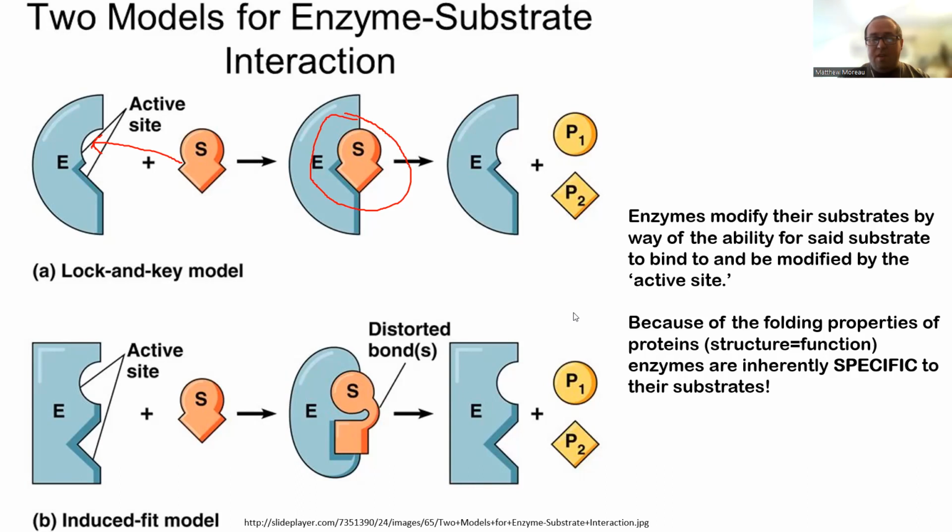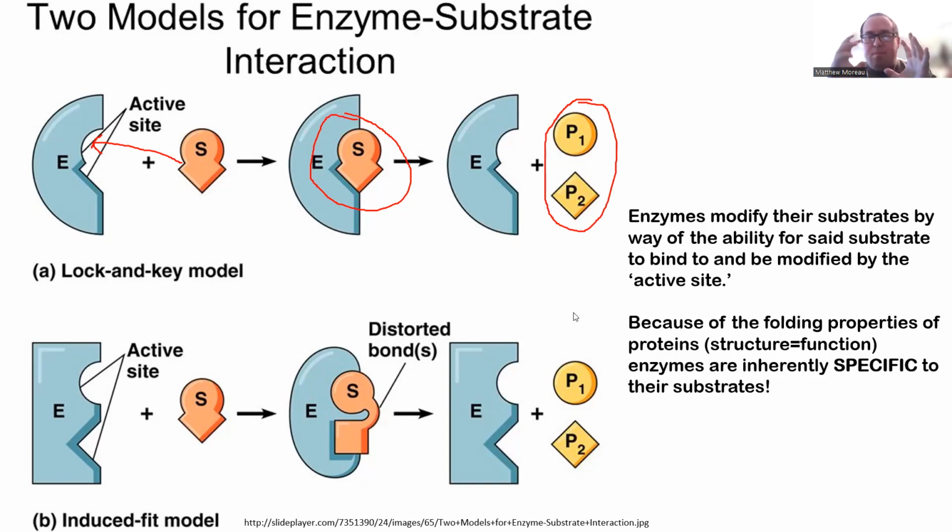And then what ends up coming from the substrate or the ligand, the end product, is just called that. They're called products. So we start with substrates or ligands, we end with products. And if you think about it, you might be thinking, okay, if there's chemistry being done and you have this really tight binding from an enzyme and a substrate, how do the products get released?